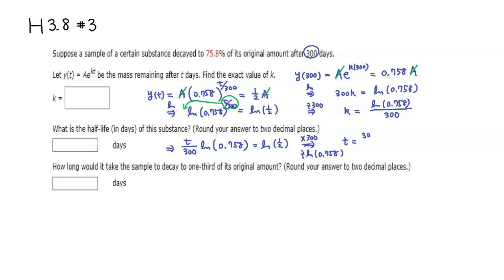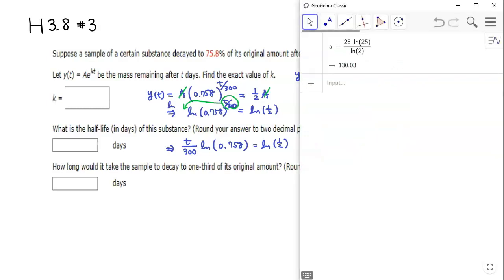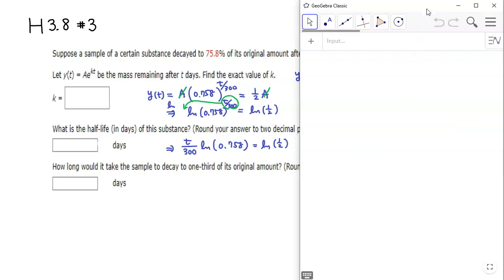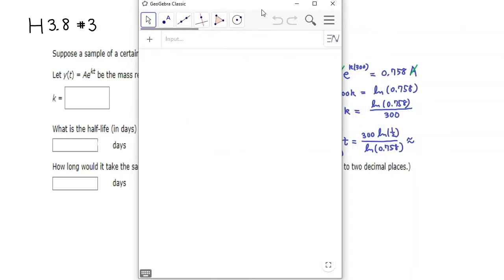So t is equal to 300 times the natural log of 1/2, divided by the natural log of 0.758. Let's find out. GeoGebra is out here, and I have to erase this old one, so I'll get a new one and move this so that I can see the computation.